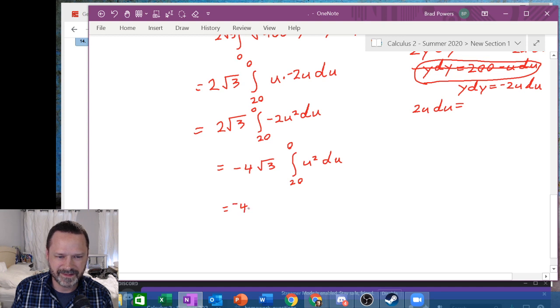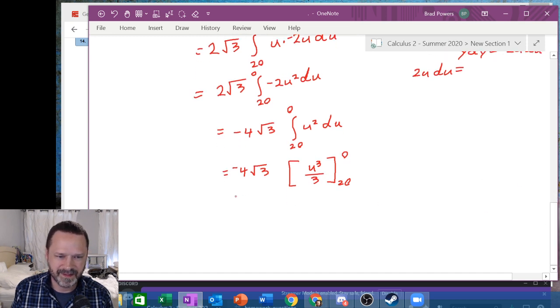Integrate that. And we get u cubed over 3, 20 to 0. Well, that's easy. So we're going to get negative 4 root 3 times negative, plug that 20 in. Oh, sorry, this should be times negative 20 cubed.